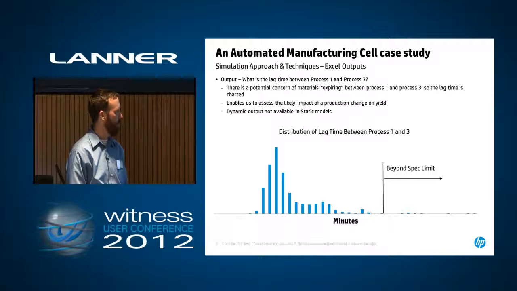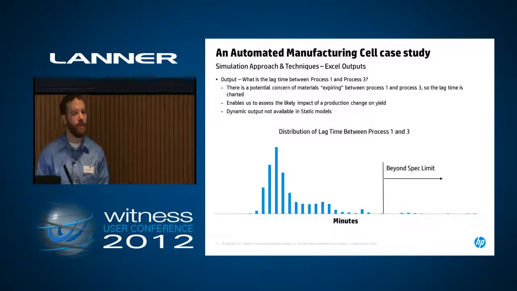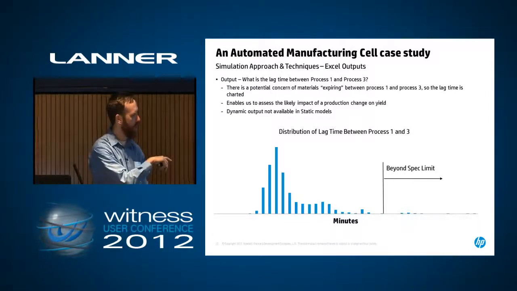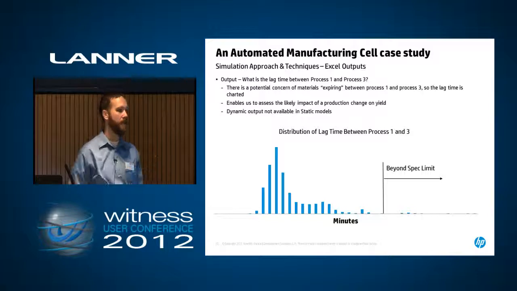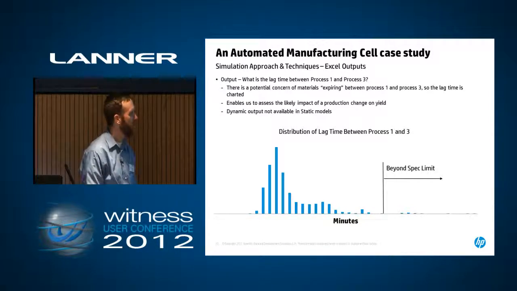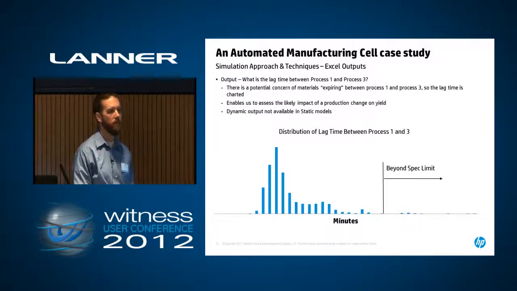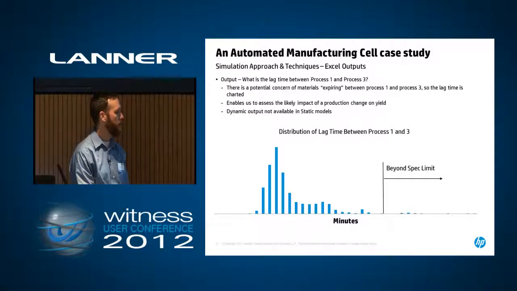Most of the parts are good, but you can tell that there are some parts out here that are beyond the spec limit that would end up as scrap. So you can take a look at this against any of your throughput improvement projects or design change proposals and see what the impact is going to be, or is likely going to be, to this scrap rate.